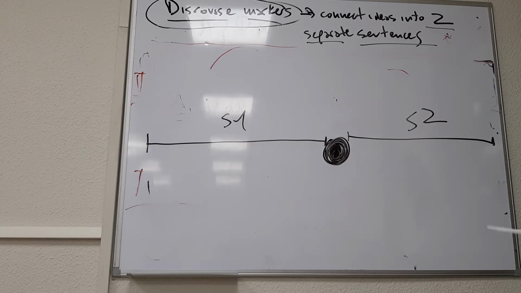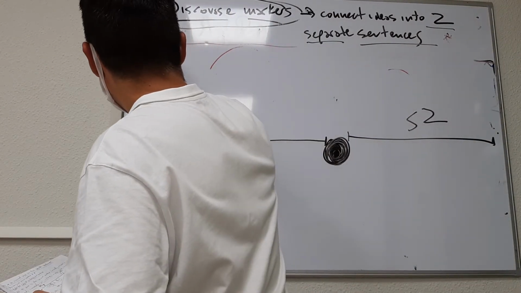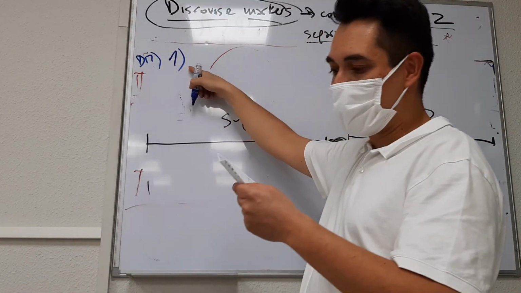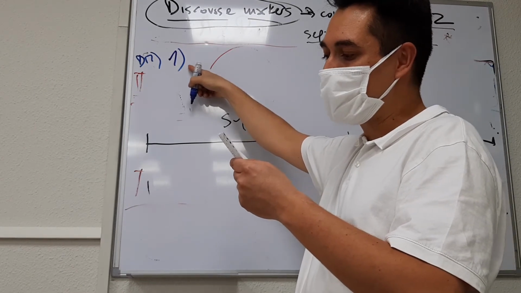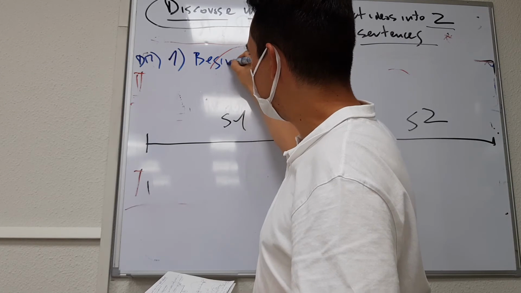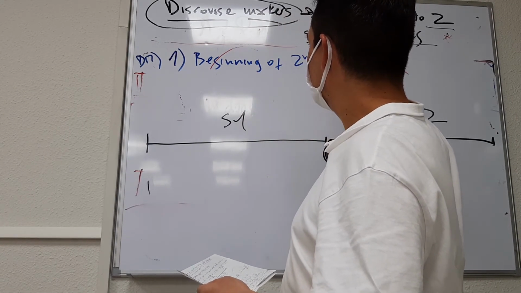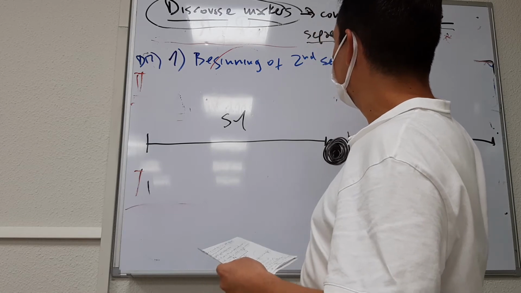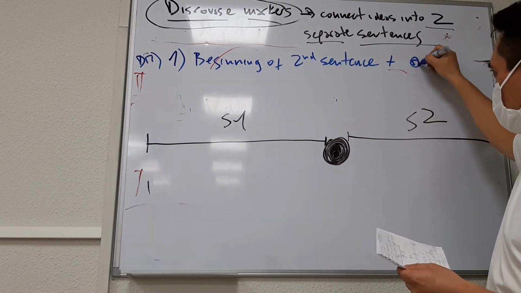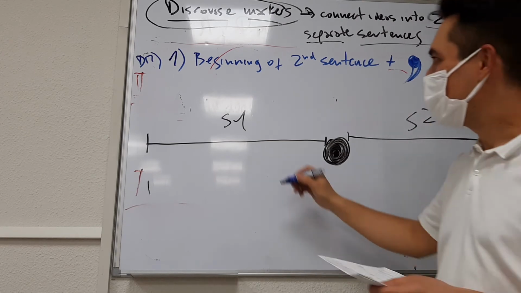And have a look at this. You can use a discourse marker, yeah? Possibility number 1, at the beginning of the second sentence, plus comma, of course. A little comma.